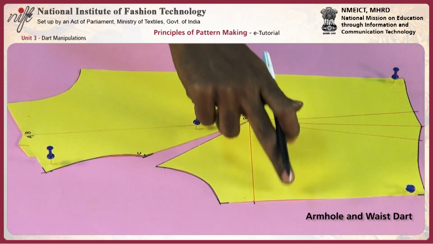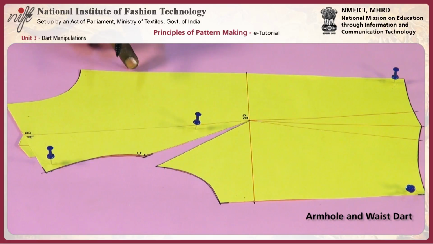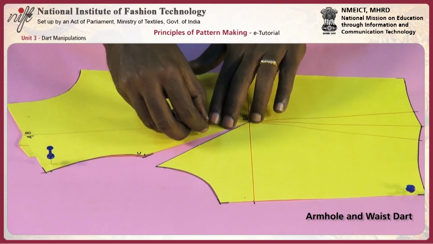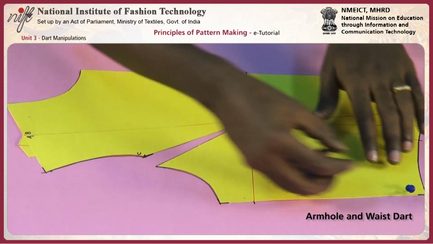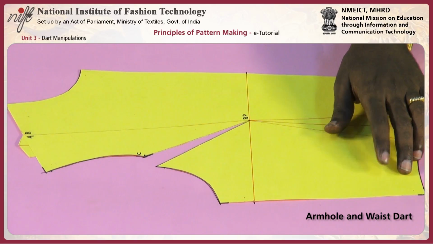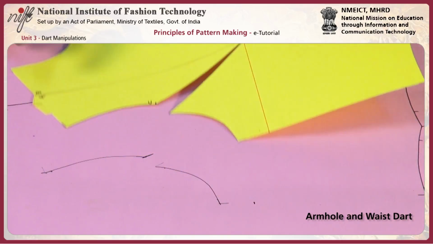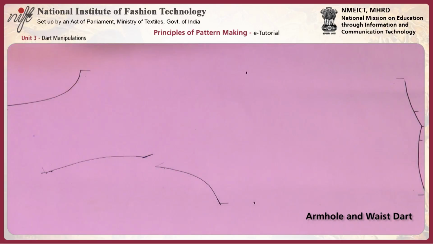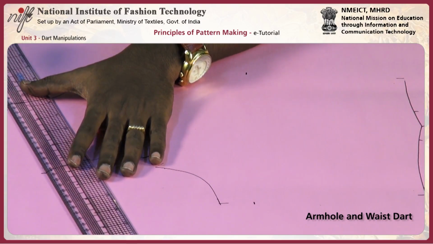Since the side seam, shoulder and center front line are straight lines, you need not mark them now. Confirm you have marked all the necessary markings, then remove the working pattern. Join the shoulder line.